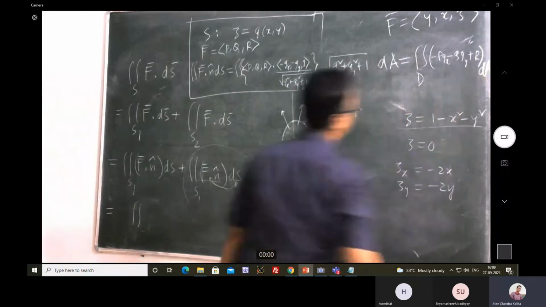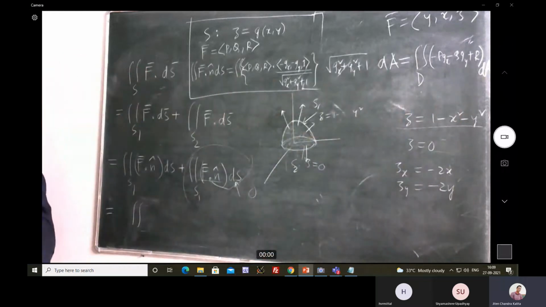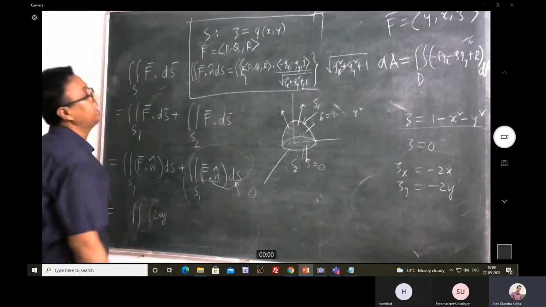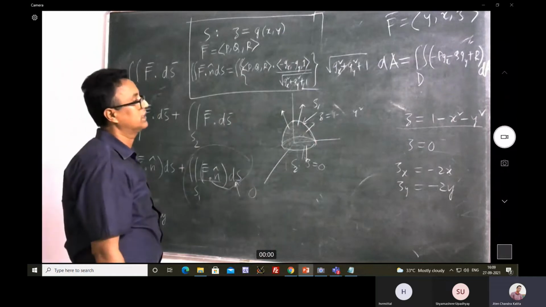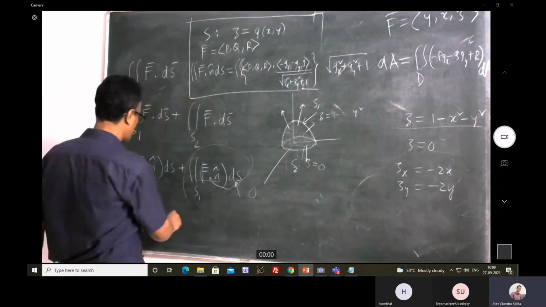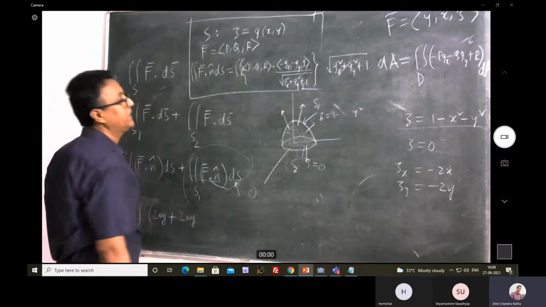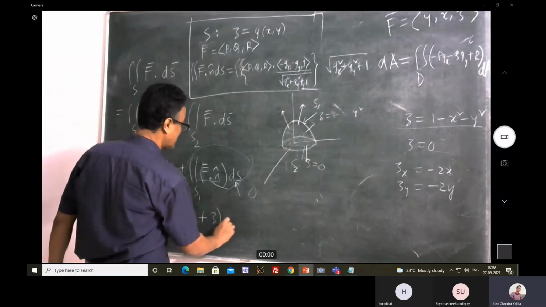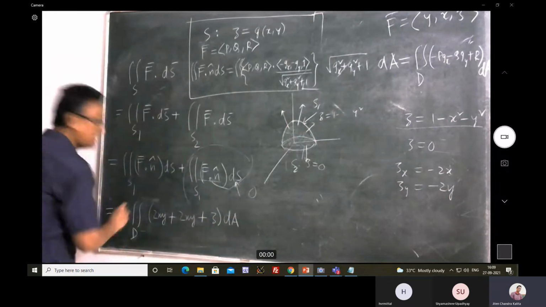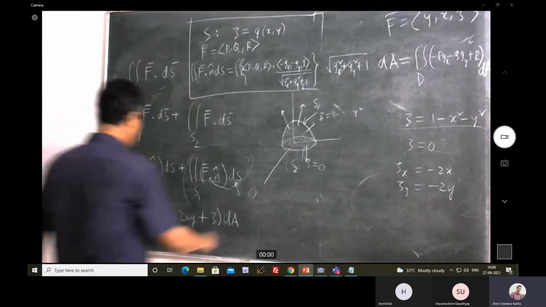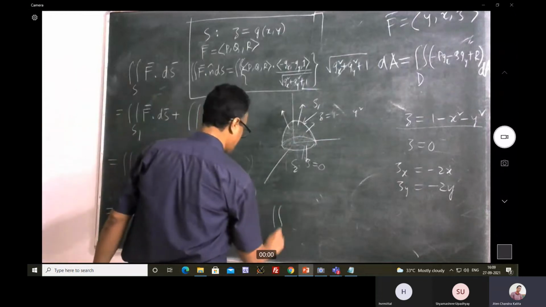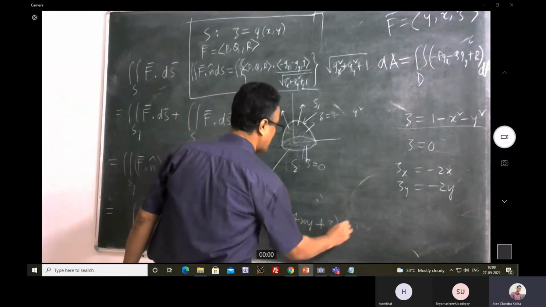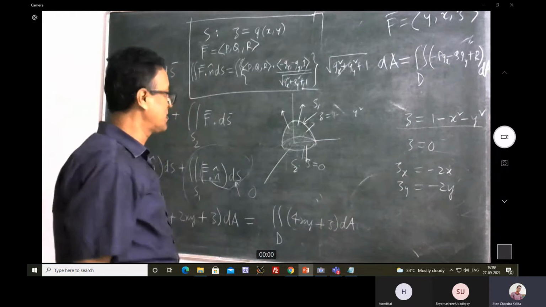If I use this formula, that is going to give me 2xy, and then again 2xy, plus z dA over D. So this is 4xy plus z dA.